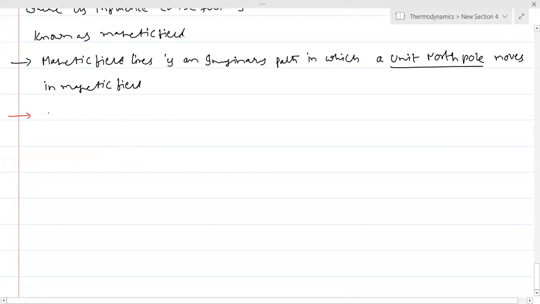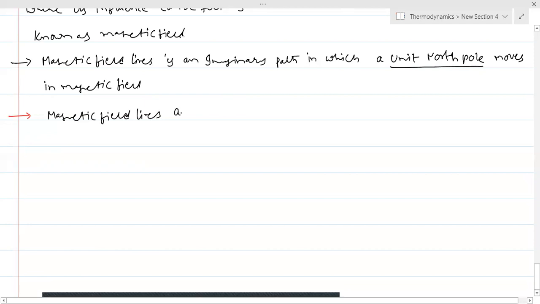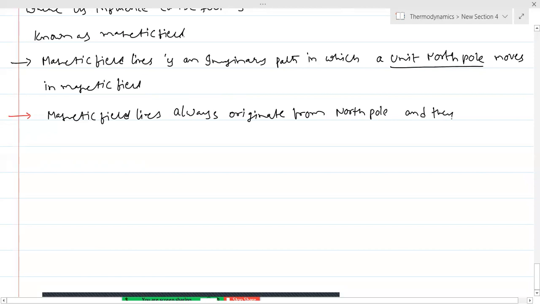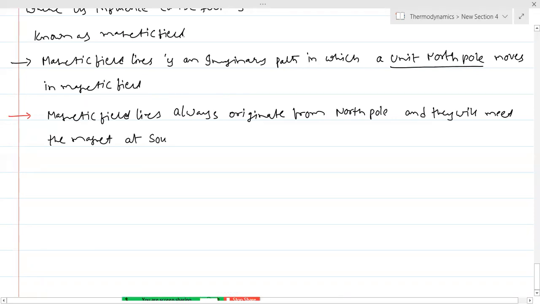And these magnetic field lines always originate from the north pole, and they will meet the magnet at the south pole outside.